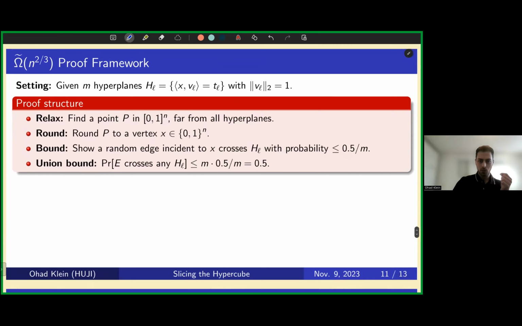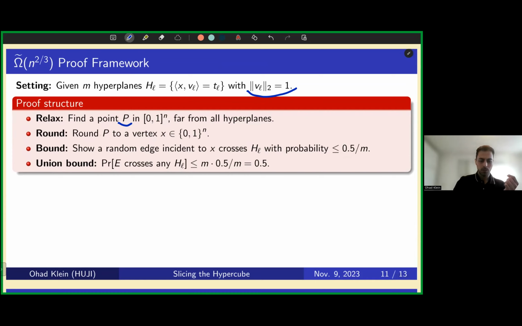Our general proof follows the following framework. Suppose we are given m hyperplanes and we normalize the L2 norm of the normal vectors to be 1. We start with finding a point P in the solid cube that is far from all the hyperplanes.